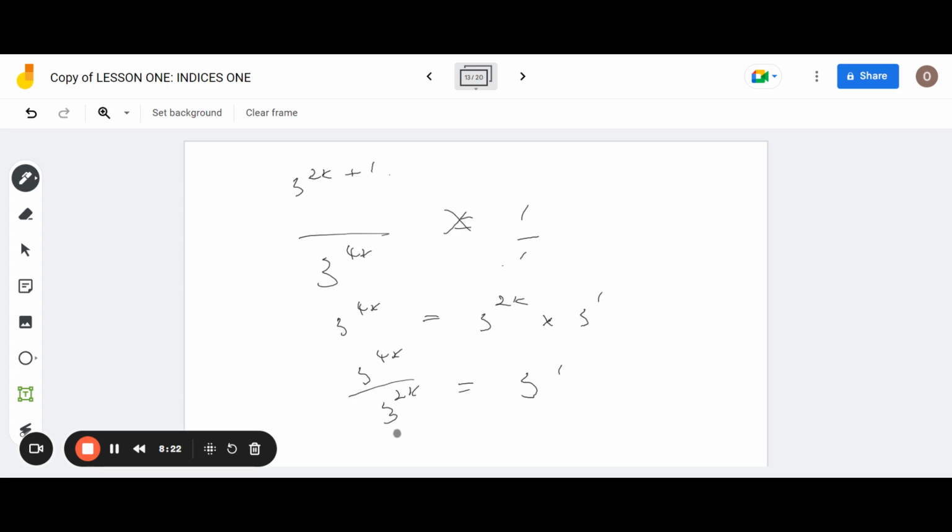That is 3 raised to the power 4x minus 2x. It gives us 3 raised to the power 2x is equal to 3 raised to the power 1. And therefore it means 2x is equal to 1 because the bases are equal. Then x will give us 1 over 2 as the answer.